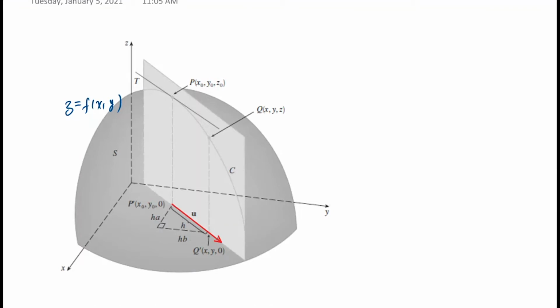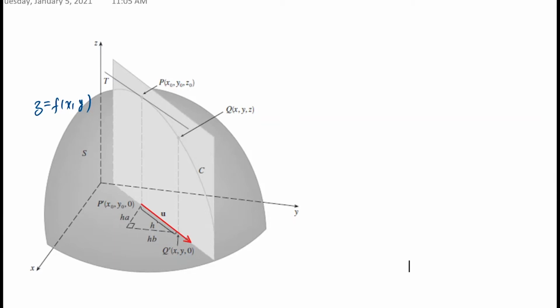Okay, so let's start with this directional derivative in the direction of u of f function, which I call D_u f, is equal to, well, still limit as h approaching 0 of delta f.